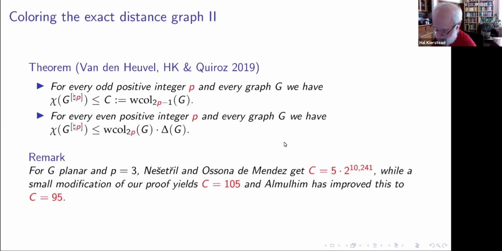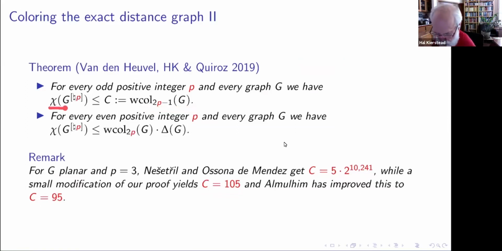So their argument provided that nice number as a bound for the chromatic number. We were able to get it down to 105, essentially using this argument. Took a little bit of modification at the end.